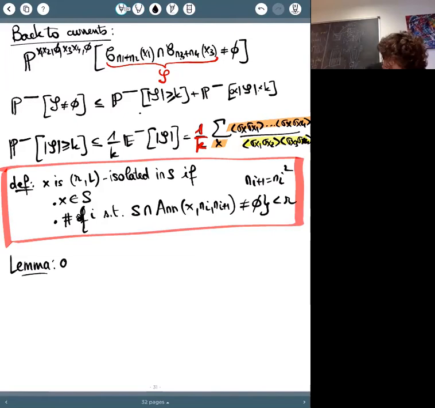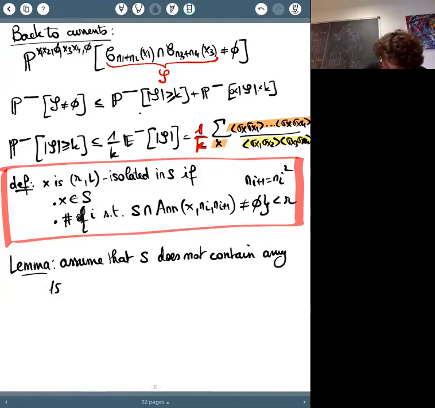Assume that S does not contain any R over 5 isolated vertex.